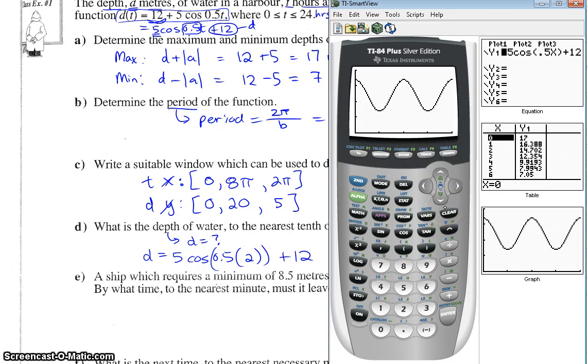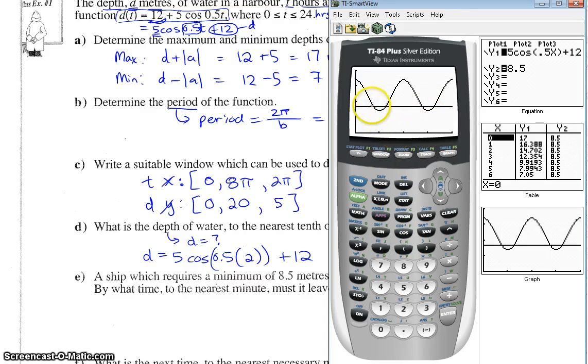That looks pretty good. Now we want to know when the water is going to be below 8.5 meters because the ship won't be able to come in there. So what we're going to do is in Y2, we're going to put in 8.5. Okay, now take a look at that. Okay, so we can tell there's a certain span of time here where it would be too low for the ship to come in.